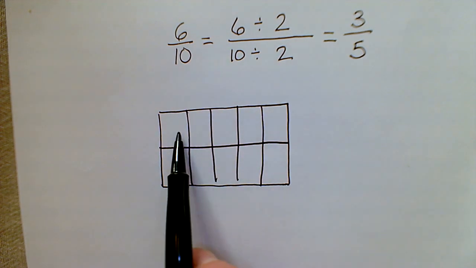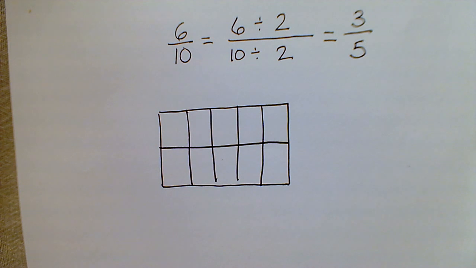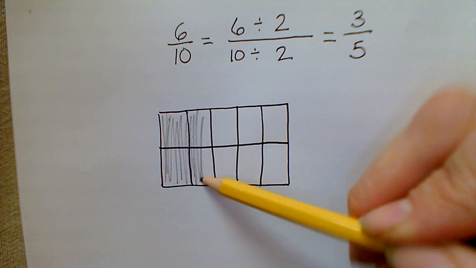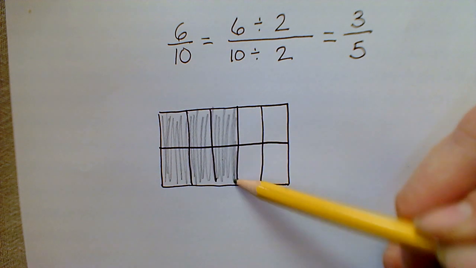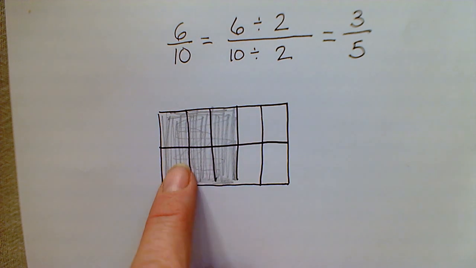So let's see if I have 10. 1, 2, 3, 4, 5, 6, 7, 8, 9, 10. I do. Now I have to shade in 6 of those for my numerator. So there's 2, 4, 6. Okay, so I have 1, 2, 3, 4, 5, 6.